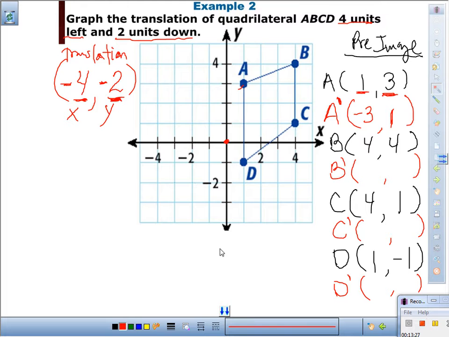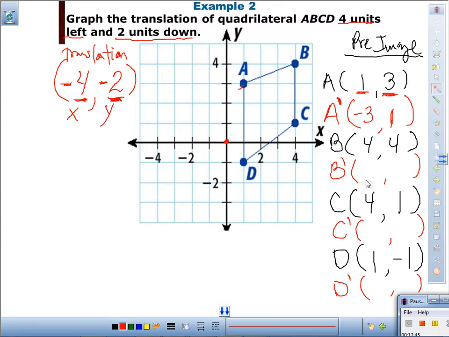Tell your neighbor what I just did. And find me the other prime points. B prime, C prime, and D prime. Doing the same. Go. 40 seconds. All right. B prime.